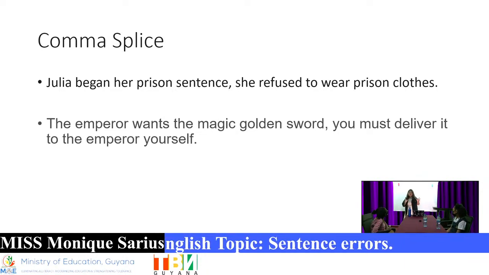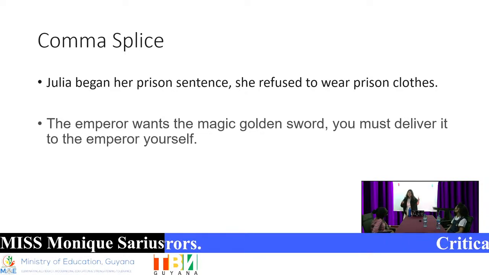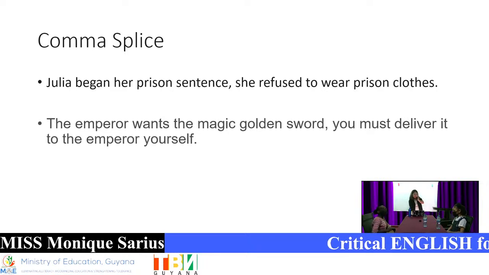Semicolons are used to separate two independent clauses, but they must be related to the same thing. So you can't be talking about a ship and then you're talking about the pirate in the next one, and it doesn't match up. It needs to be related to the previous thing that you talked about. Cool? All right, let's continue.